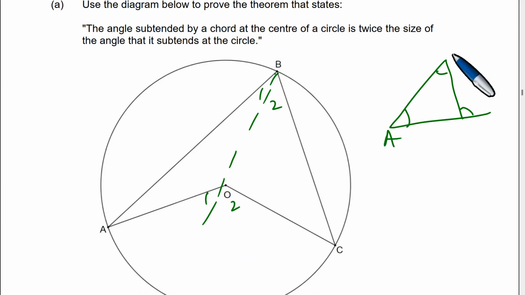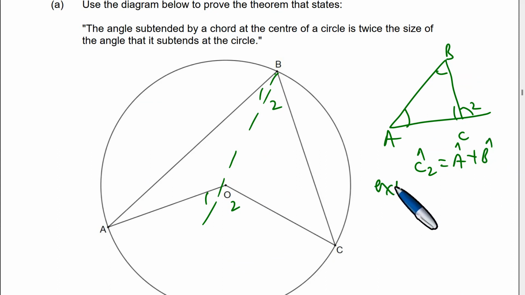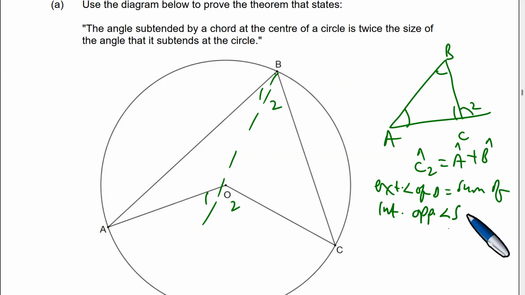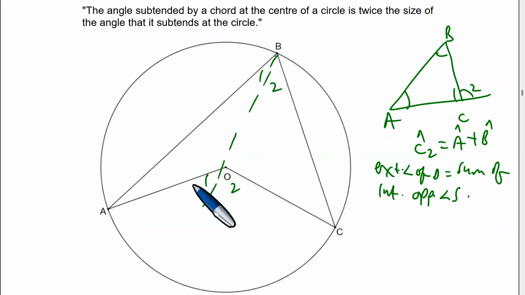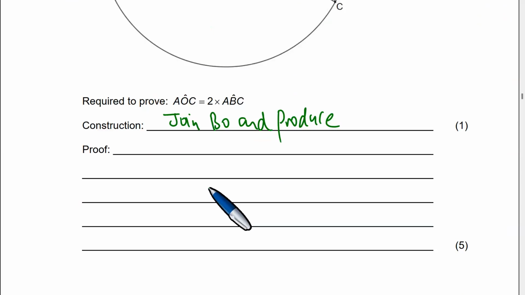So if this is A, B, and this is C1, C2, angle C2 is equal to angle A plus angle B. Why? Because the exterior angle of a triangle is equal to the sum of the interior opposite angles. So O1 is B1 plus A.